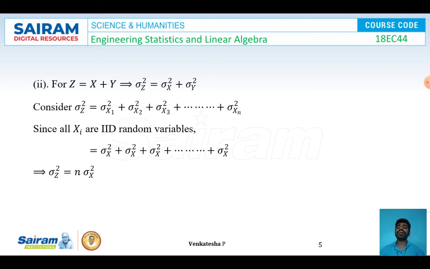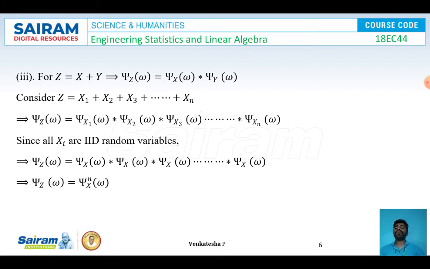Since all these xi's are IID random variables, I can rewrite all this variance of x1, variance of x2, variance of x3 as variance of x. So it will be equal to variance of x plus variance of x plus variance of x plus variance of x, n times. So I got the variance of z is equal to n times variance of x.